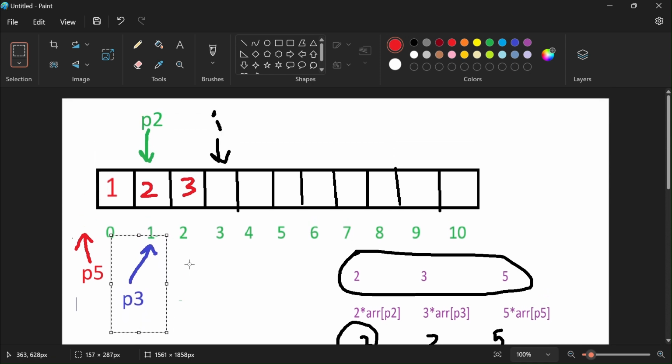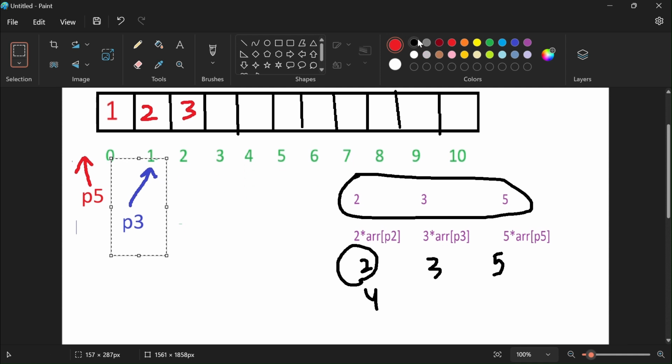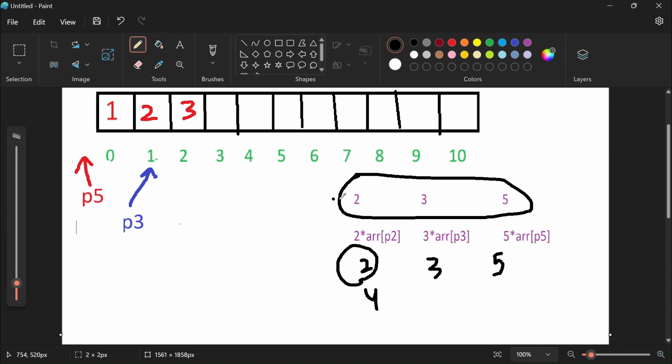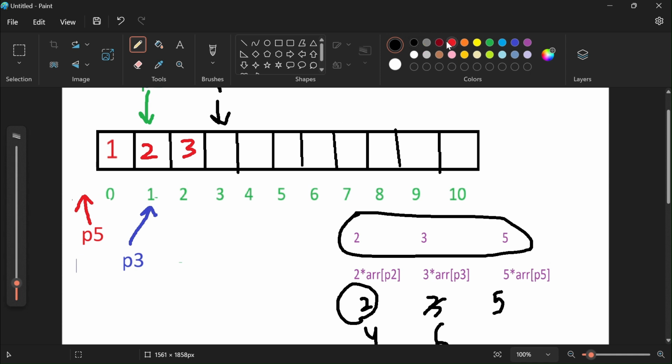What will be the next multiple of p3? Previously we multiplied with the first ugly number 1, and next we should multiply with the next ugly number 2, giving 6. And in these three, what is the minimum? 4, right? So we write 4.